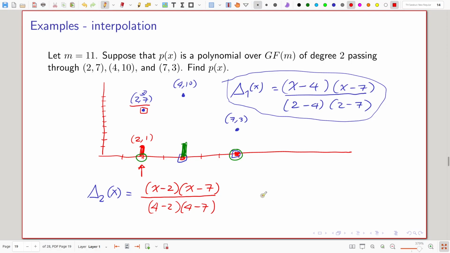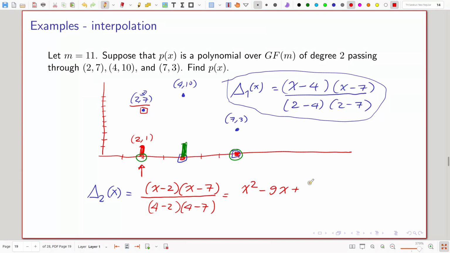So let's write out the whole polynomial. Okay? So x minus 2 times x minus 7, this will be x squared, and then minus 2 plus minus 7, so it's going to be minus 9x, and then plus 14. Okay? But we do everything modulo 11. Okay?